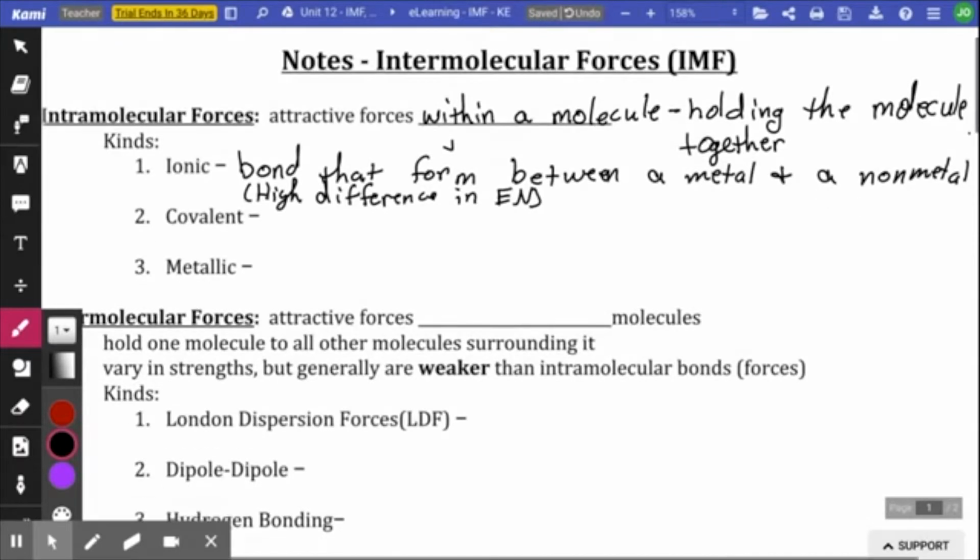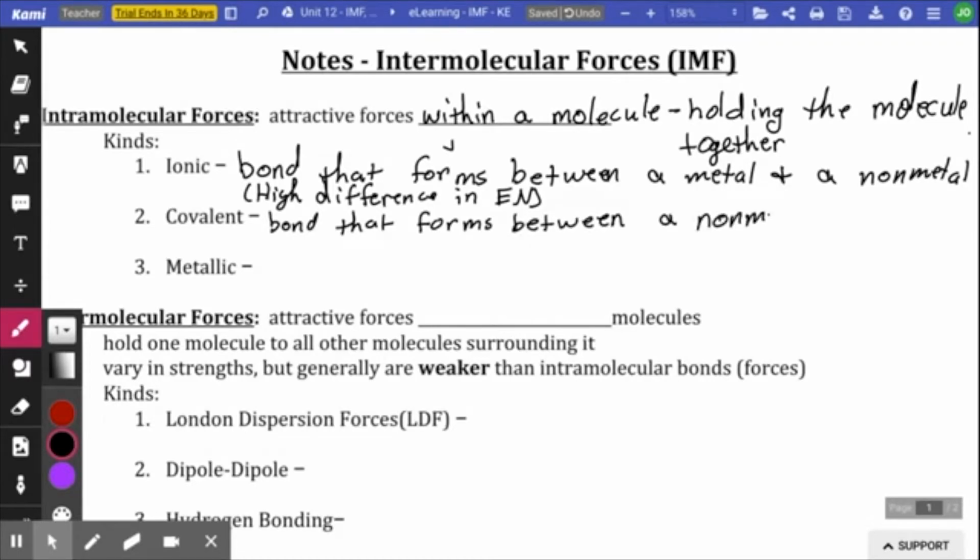Covalent is that bond that forms between a nonmetal and another nonmetal, or just nonmetals. And this bond happens because of the low difference in electronegativity.